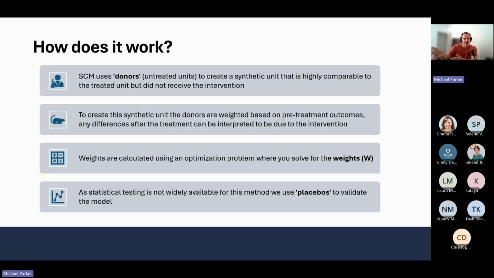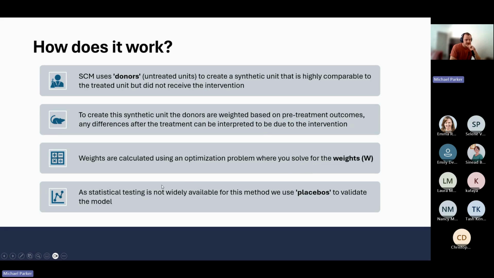If it is children going into care, you might take their gender, the amount of healthcare appointments they had, other information about their parents, and it's all utilized in this mathematical model to weight them and produce the synthetic unit. Weights are calculated using an optimization problem where you solve for the weights, and the objective is to minimize the difference between your two units.